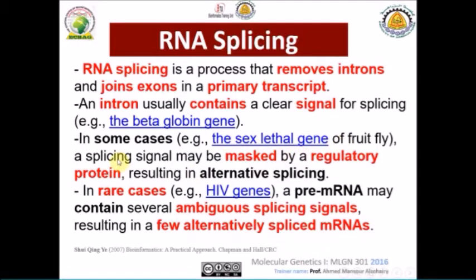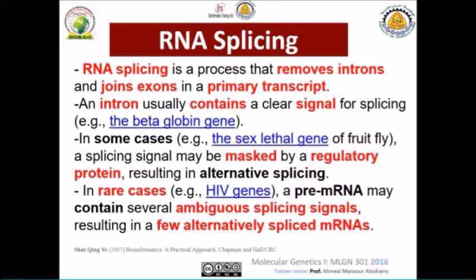Also the splicing signal may be masked by a regulatory protein, resulting in alternative splicing. This is another case. In some other rare cases, like the HIV virus, the primary transcript, the pre-messenger RNA, may contain several ambiguous splicing signals, resulting in a few alternatively spliced mRNAs.